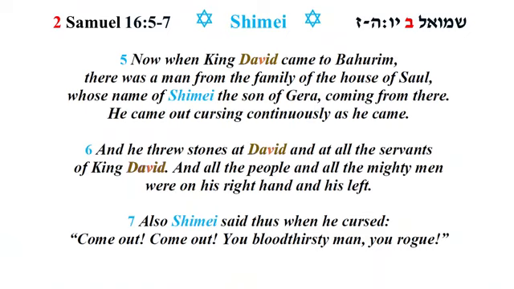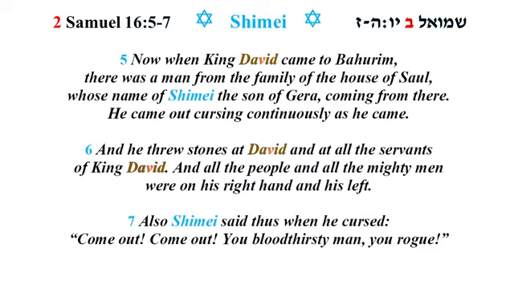All right. Now, let's look at 2 Samuel 16. There was a guy named Shimei. Anybody remember Shimei, what he did? He's a Jewish guy. Verse 5. Now when King David came to Bahurim, there was a man from the family of the house of Saul, whose name was Shimei, the son of Gera, coming from there.